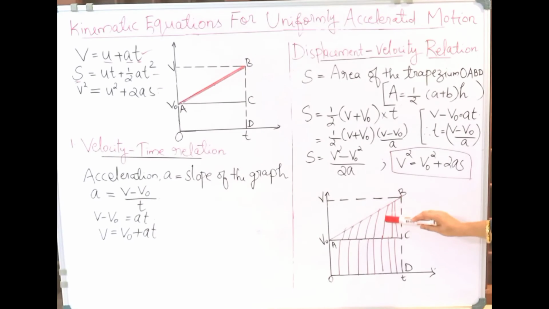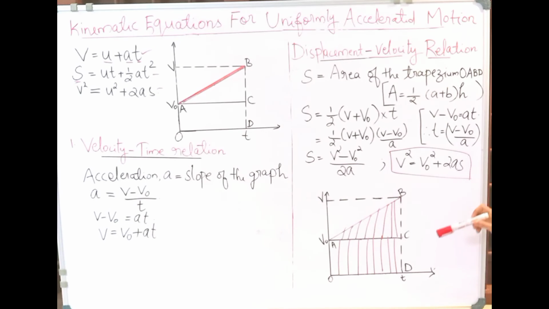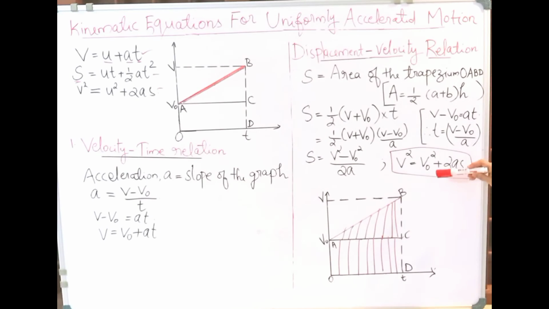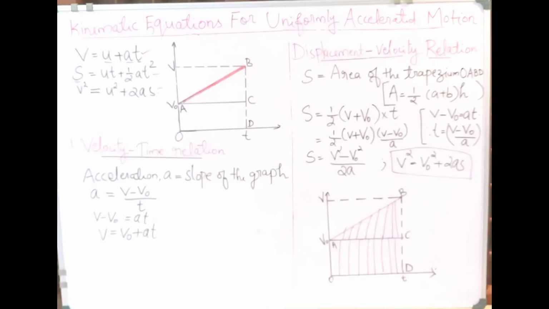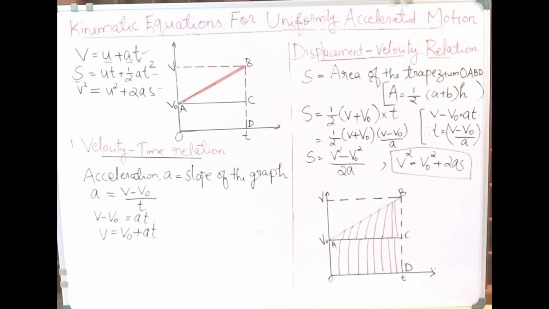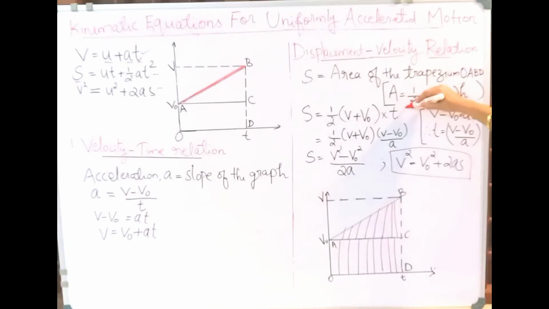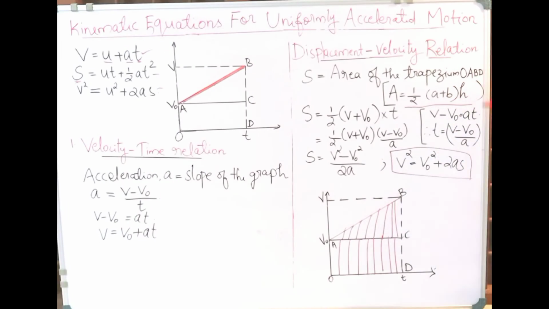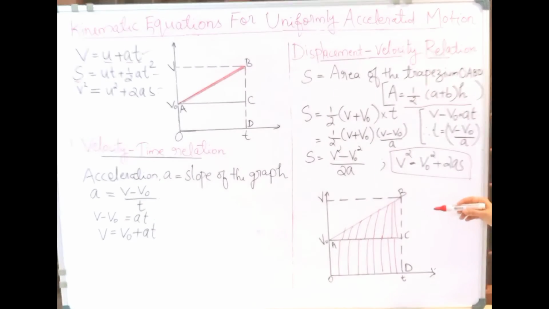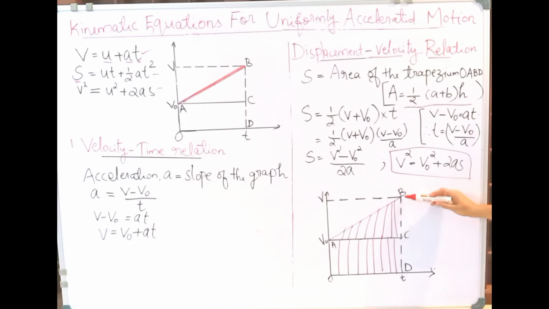Now we can find the area of the trapezium, because our equation is v square is equal to u square plus 2as. We have to get the equation in such a form. So what is the area of the trapezium? Yes, that is A is equal to half into (a plus b) into h. Here a plus b, we can take a as one side, that is BD.